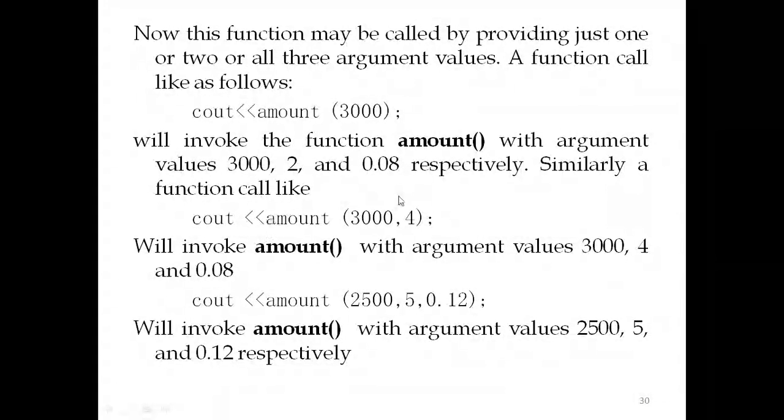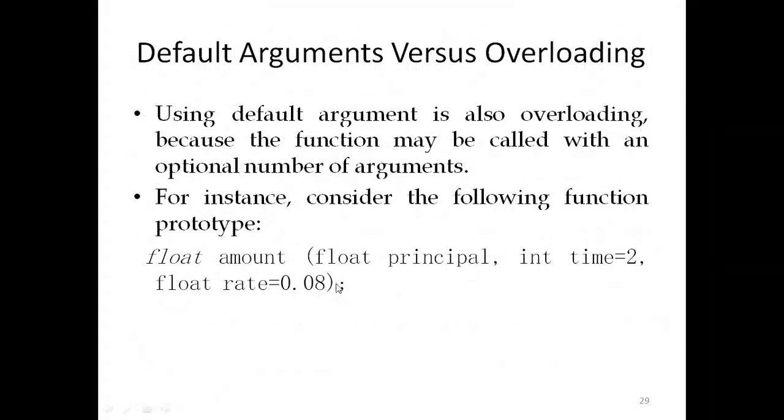And when I invoke the same function with 3000 comma 4, then the function will use 3000 for principal, and 4 for times, and 0.08 the default value for rate, because we don't pass any value for rate, isn't it?